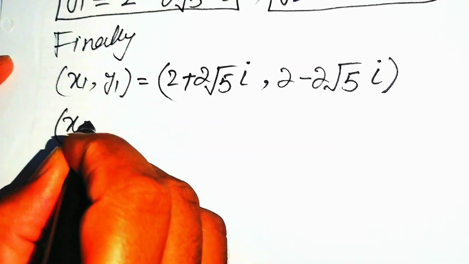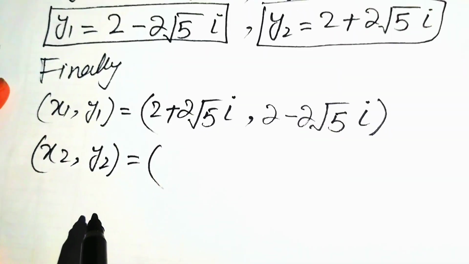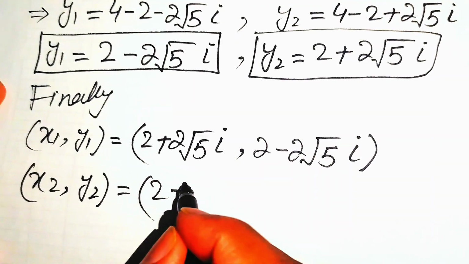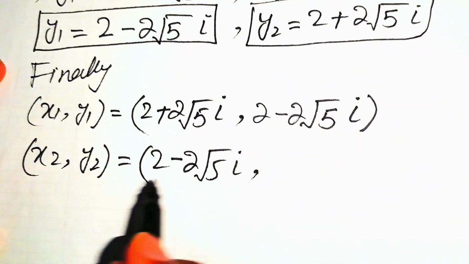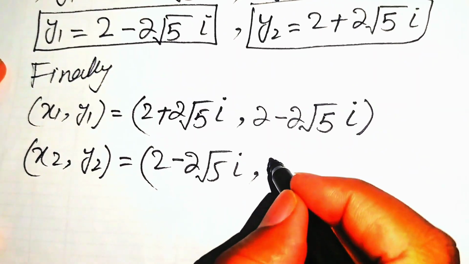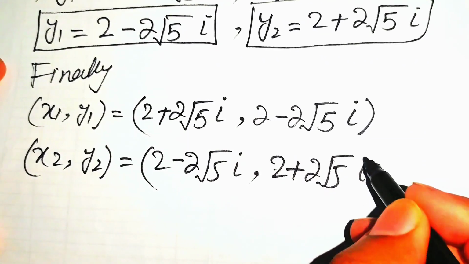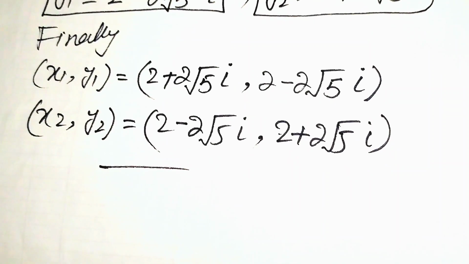Similarly the second solution: the value of x2 is 2 minus 2 times square root of 5 iota, and corresponding to this x2, y2 is 2 plus 2 times square root of 5 iota. So this is the final answer of this question.